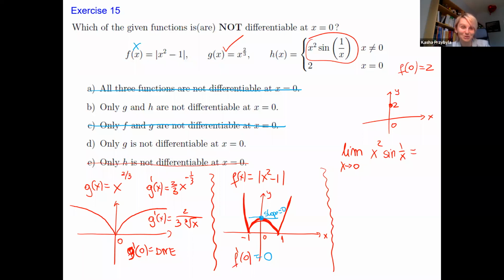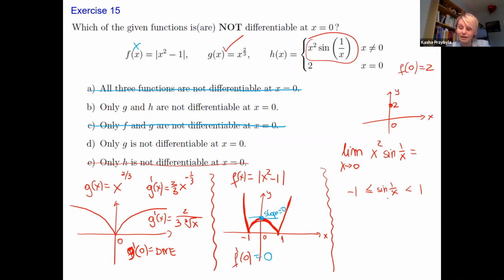Do you remember the squeeze theorem I was showing you? Do you know that limit? Okay, we can use the squeeze theorem. Sine of any angle can be squeezed between -1 and 1.